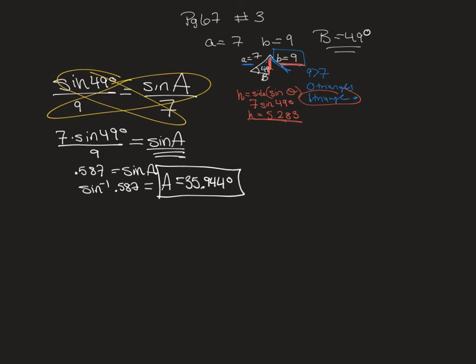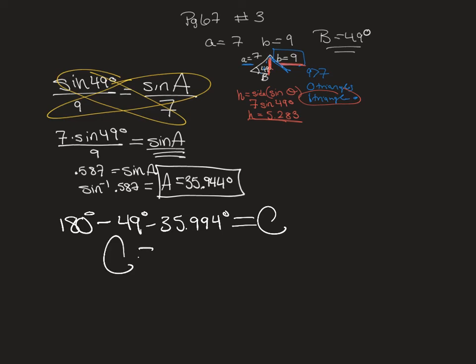So there's angle A. And now that I know angle A, I can do the 180 minus the 49 they gave me minus the 35.944 degrees. And this is going to get me angle C. So you're going to get that big angle C is going to be 95.056 degrees.